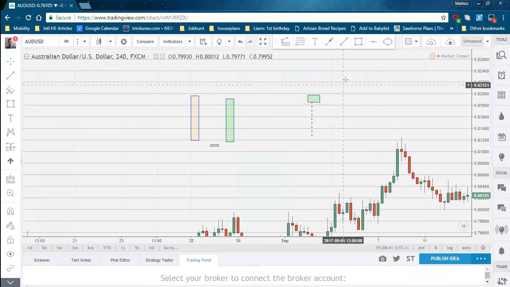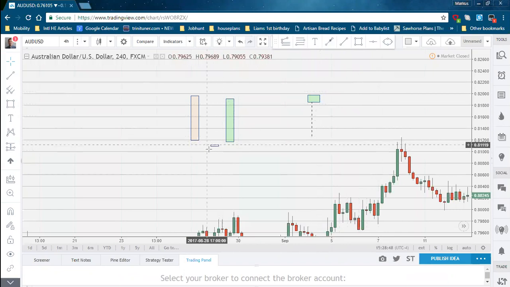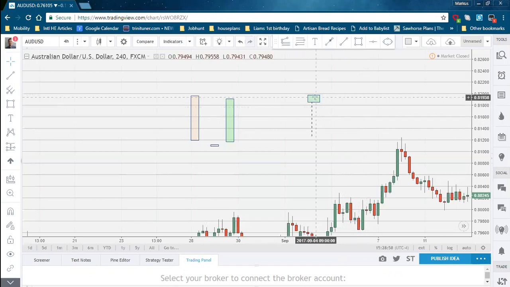You have a strong push up, reversal at a point, forming basically this right here. This doji is our reversal point, and then an impulse down, and then we have a small body candle with a long wick, and this would be the shooting star in reverse. Right? So that's also how we can look at the Morning Star and the Evening Star patterns.